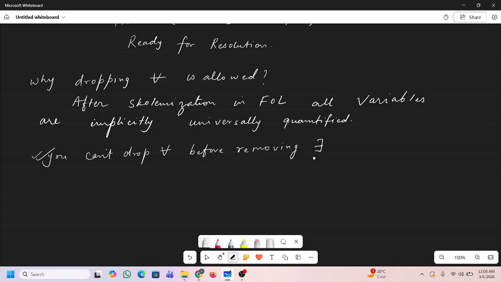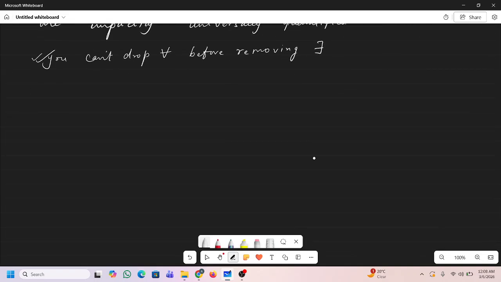Now let us see one example of how we can convert a first order logic statement to a CNF form. Convert into CNF.